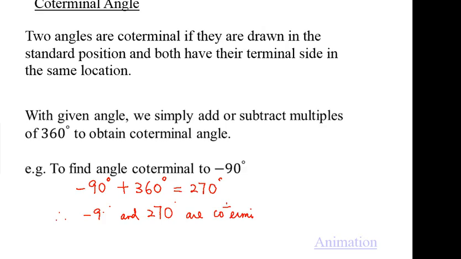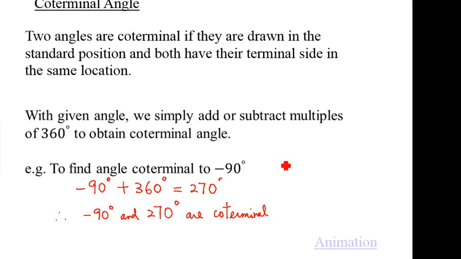Sorry, the PowerPoint has a little bit issue. Everybody see that clear, right? Now we won't say negative 90 degree equals 270 degree. We say the negative 90 degree and the 270 degree, they are coterminal, right? Equal and coterminal are two different things, right?